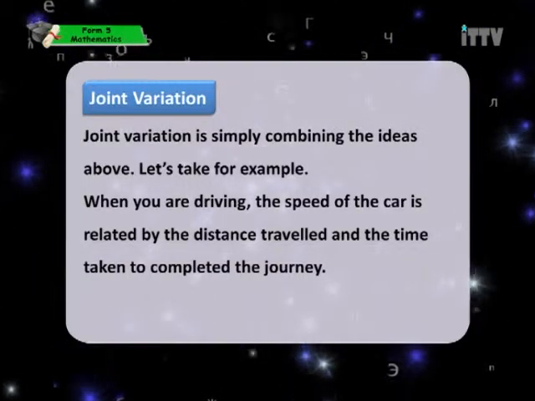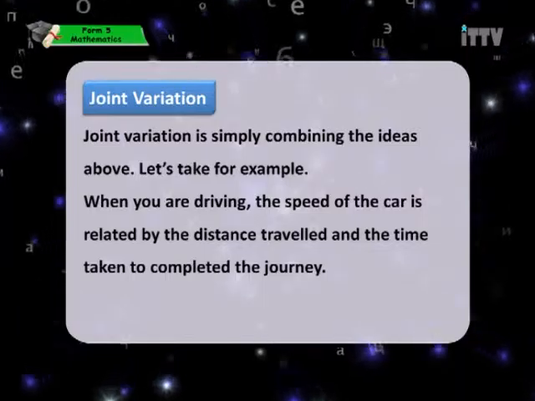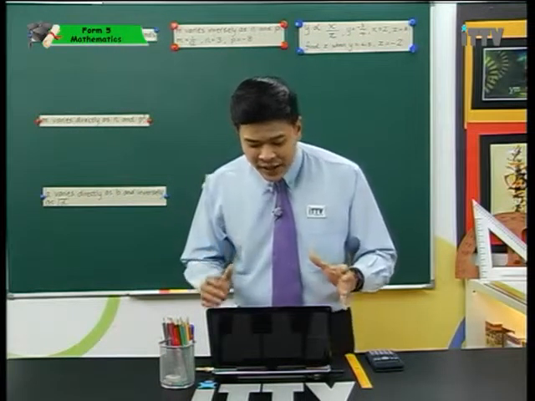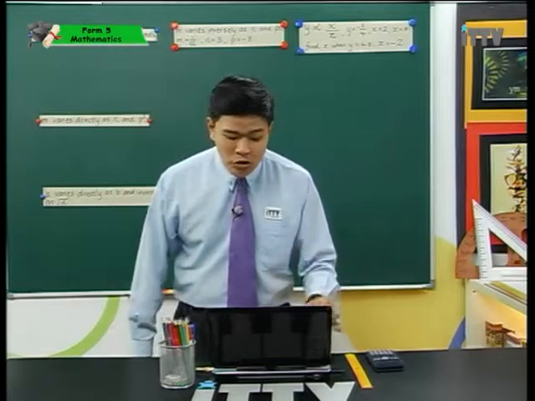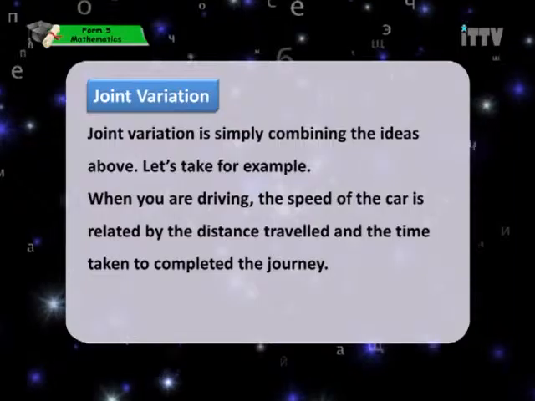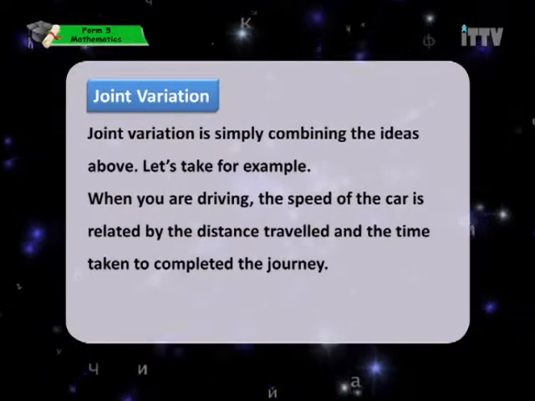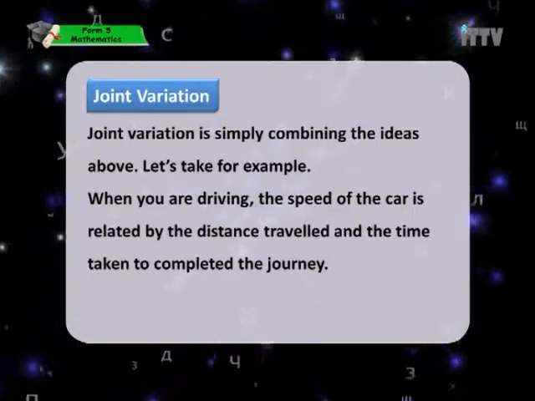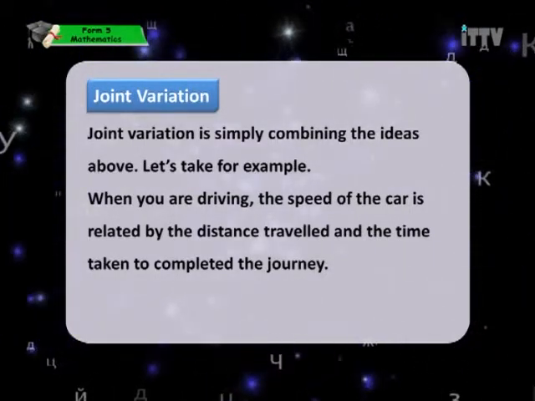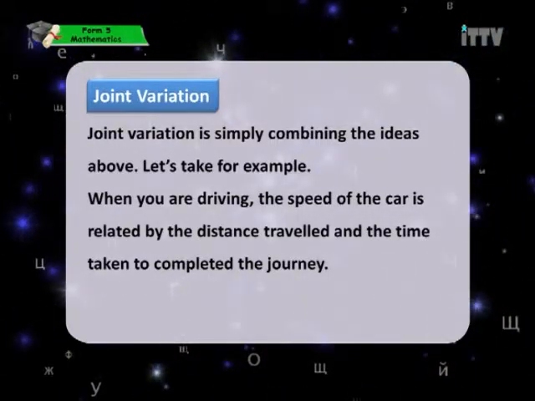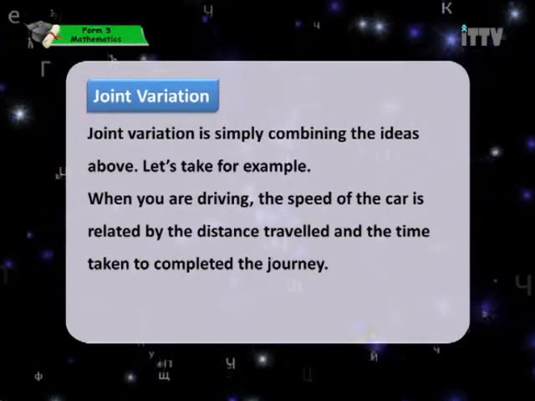Joint variation, alright? What is it? I bet you guys now have quite a clear picture about what it takes, right? But now let's examine it closely. Joint variation is simply combining the ideas above. Let's take for example, when you are driving, the speed of the car is related to the distance traveled and the time taken to complete the journey.